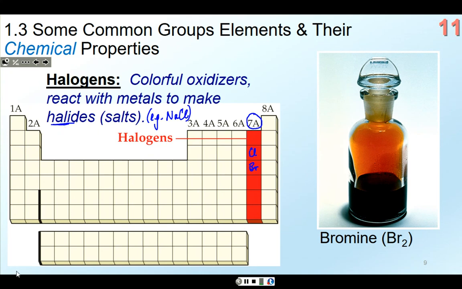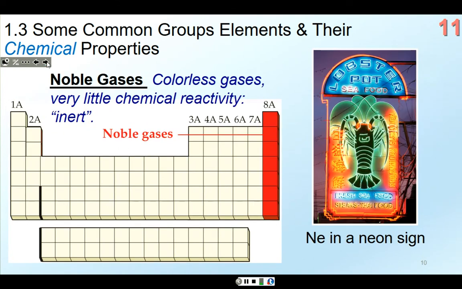All right, the next group, to the right of that, is the noble gases. The noble gases are colorless gases with very little chemical reactivity, and for that reason they are called inert, as in they don't do very much. Only extreme reaction conditions will produce compounds with noble gases.